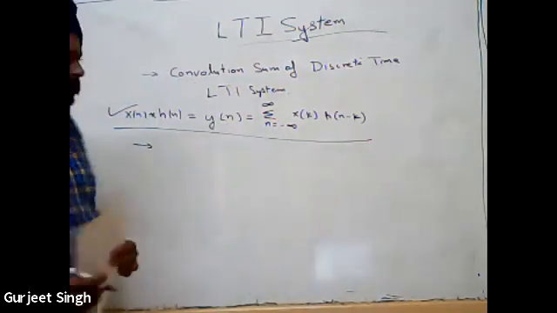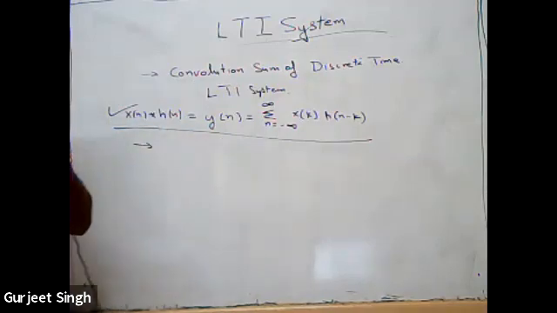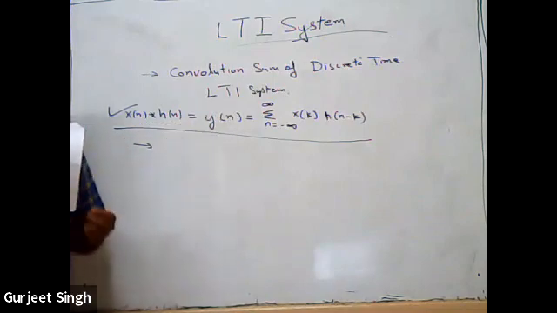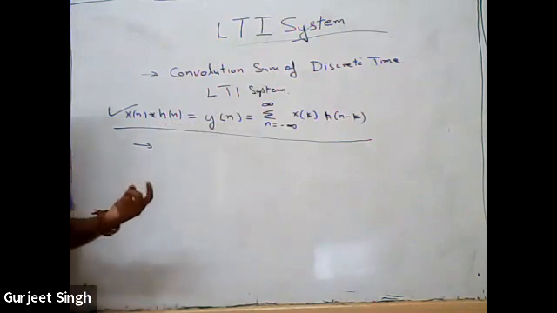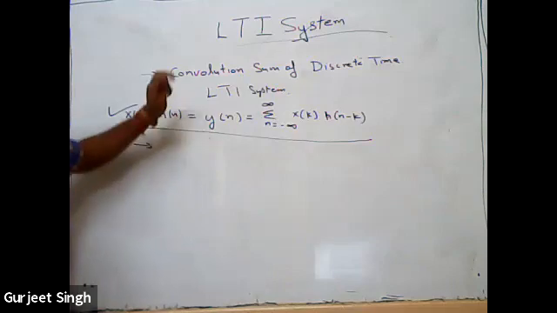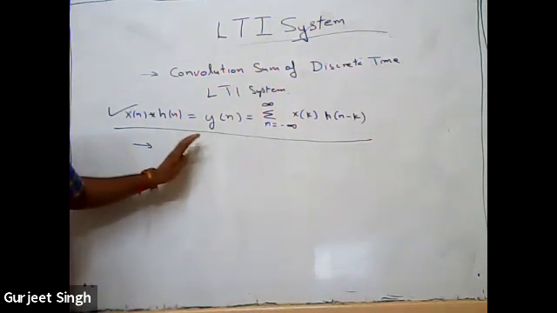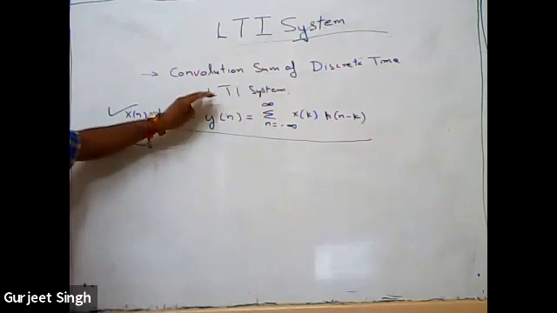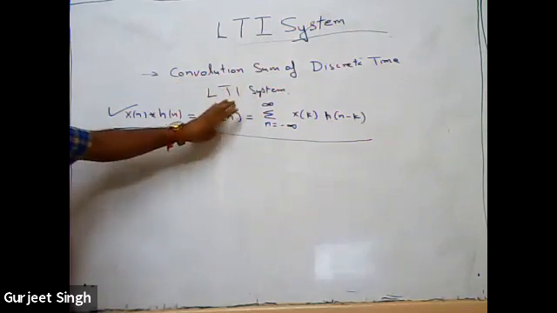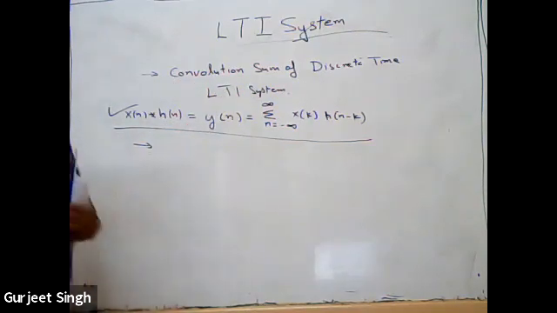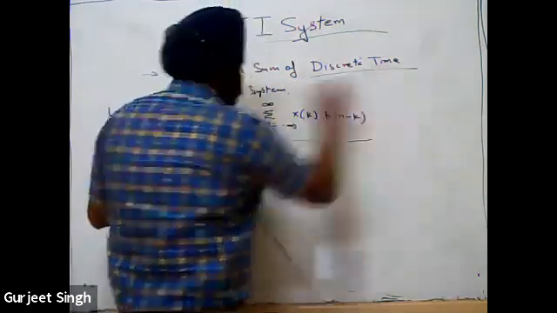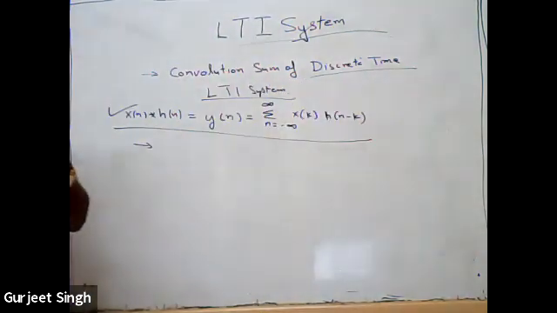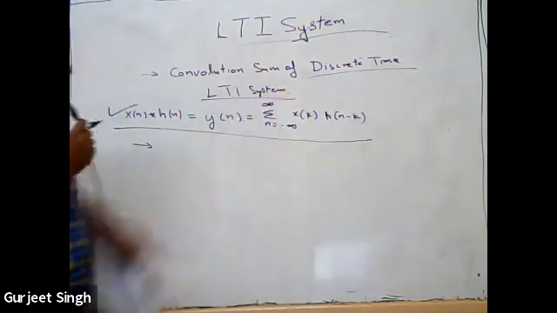In signals and systems, in your previous semester, we discussed the continuous time LTI system. But here we will focus on the discrete time LTI system. We will not discuss the continuous time LTI system in our syllabus.